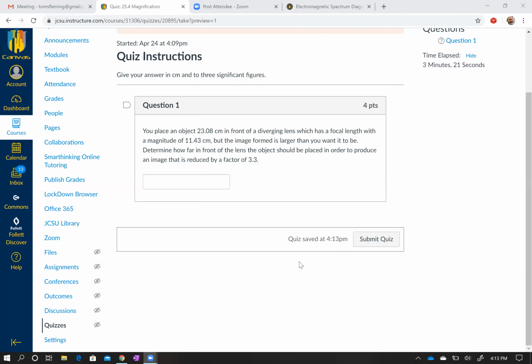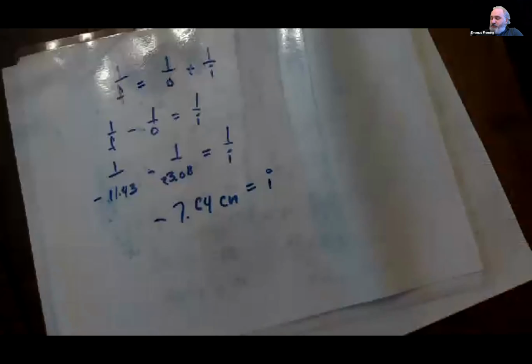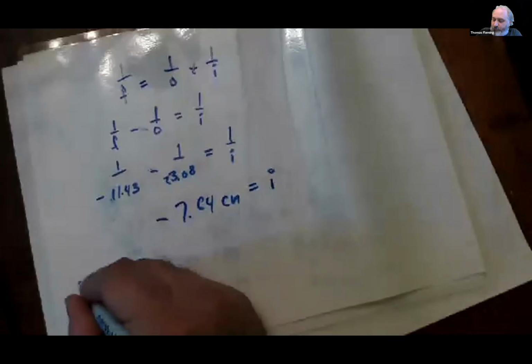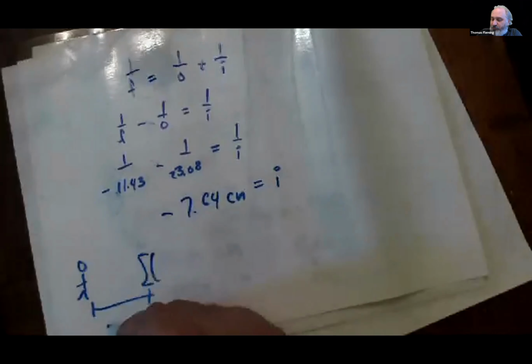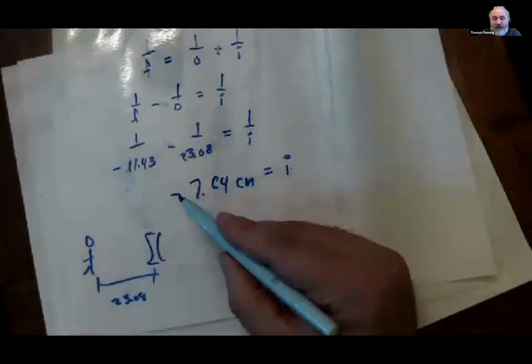In my original picture, well, I thought it would still be there, darn it. Never mind, let's go back to my drawing. So this was my lens, this was my dude, and this was 23.08, but my image is a virtual image because it's a negative image distance.